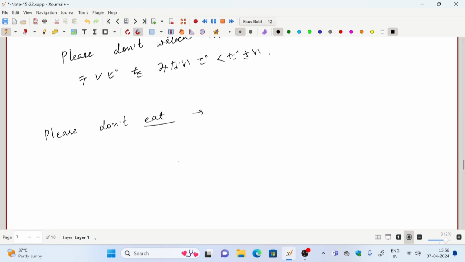To eat is tabemasu. The nai form will be tabenai, and then we will add de. So please don't eat will be tabenaide kudasai.